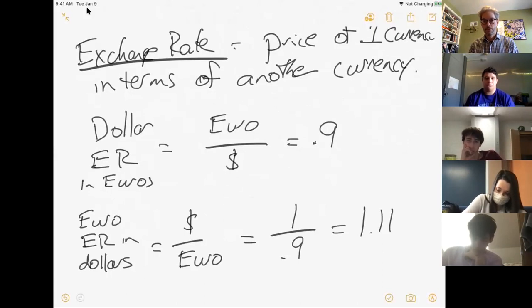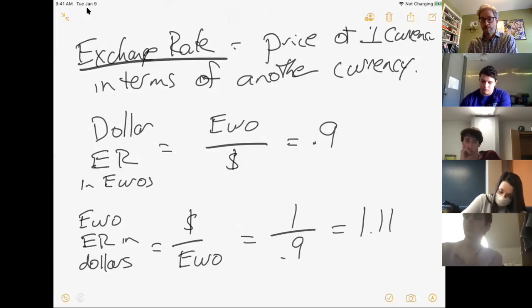So these are just inverses of each other. And in general, newspapers will not report both of these. They will report one of these, expecting that you're smart enough to figure out what the other one is, in other words, expecting you're smart enough to just take the inverse of it.